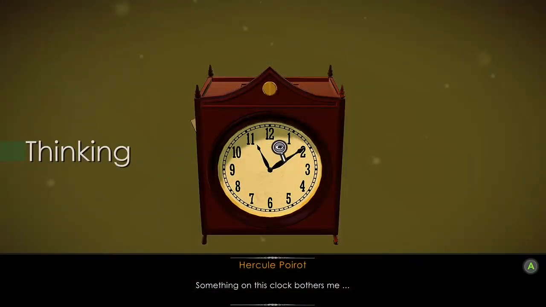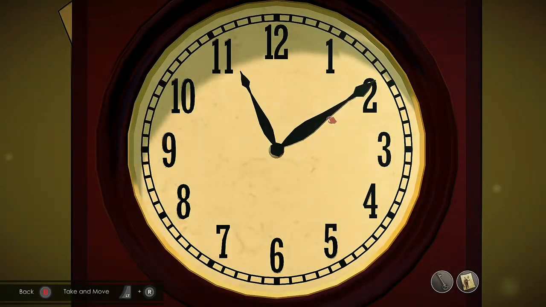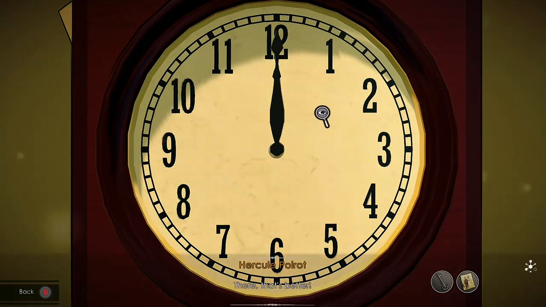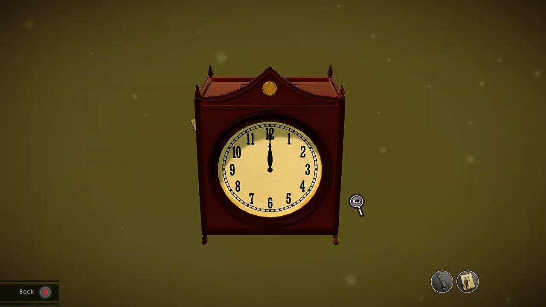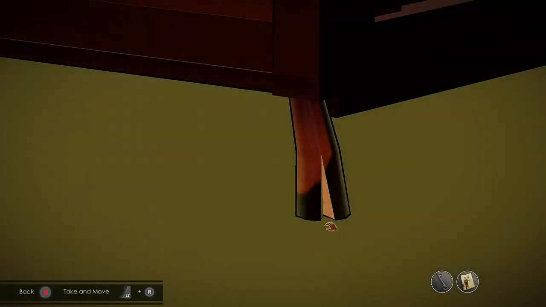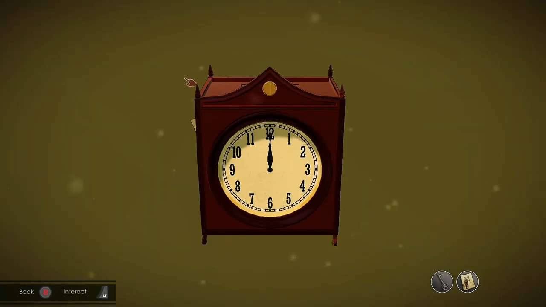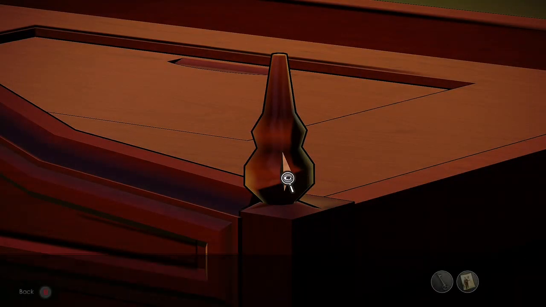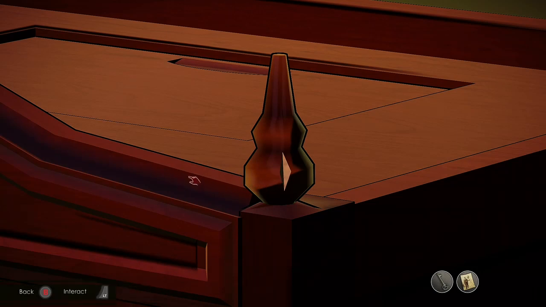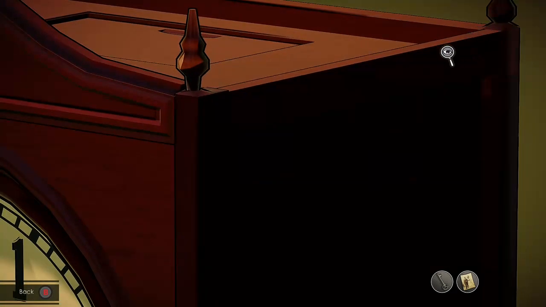Something on this clock bothers me. Well, good for you. There, that's better. Don't see how it's better, but okay. This leg is not... Good.